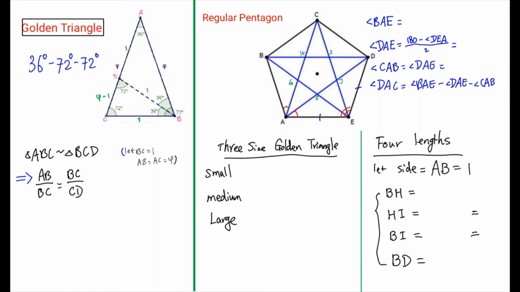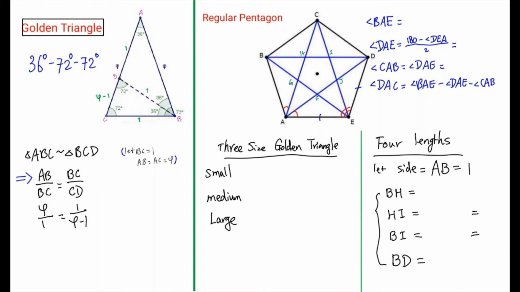Since triangle ABC and BCD are similar, we find out that AB divided by BC equals BC divided by CD. Putting the values in, phi divided by 1 equals 1 divided by phi minus 1.